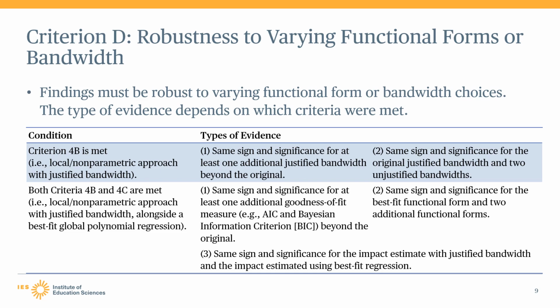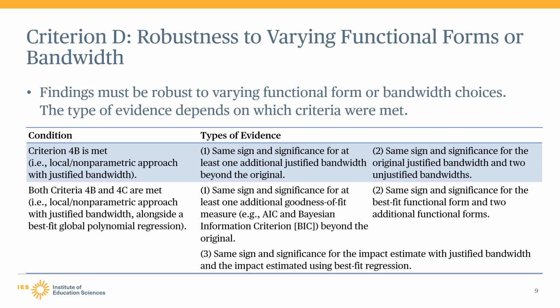First, let us consider those scenarios where RDD criterion 4B is met. When the impacts in the RDD are estimated using local, linear, or quadratic regression, or a related non-parametric approach in which impacts are only estimated within a justified bandwidth.